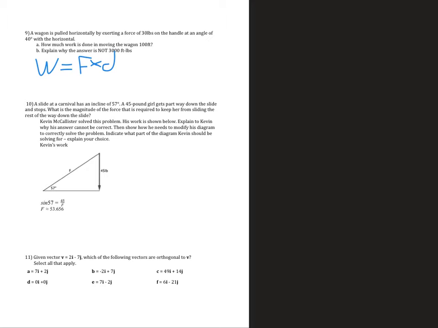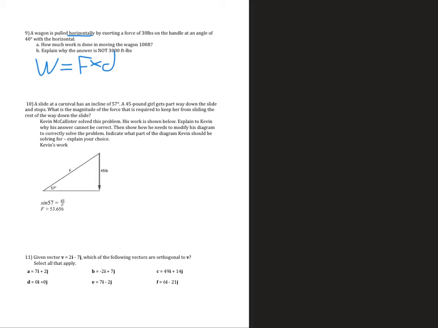In this case, we have 30 pounds acting at a 40-degree angle, moving the wagon 100 feet. Our force is 30 pounds, but we're moving the wagon 100 feet horizontally. It says pulled horizontally by exerting that force.